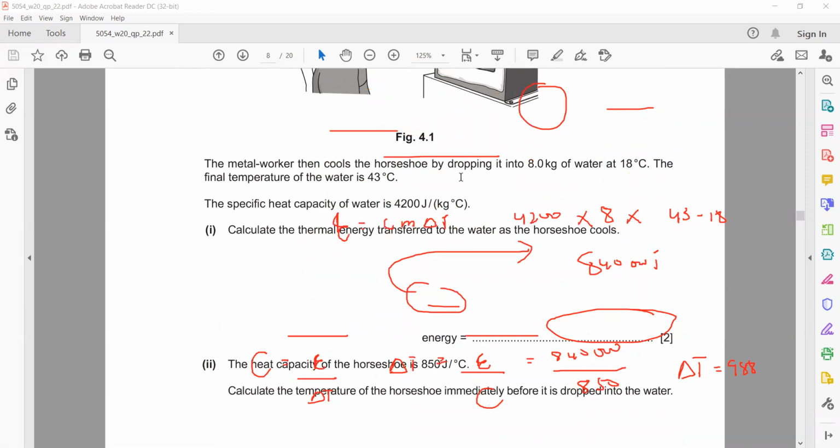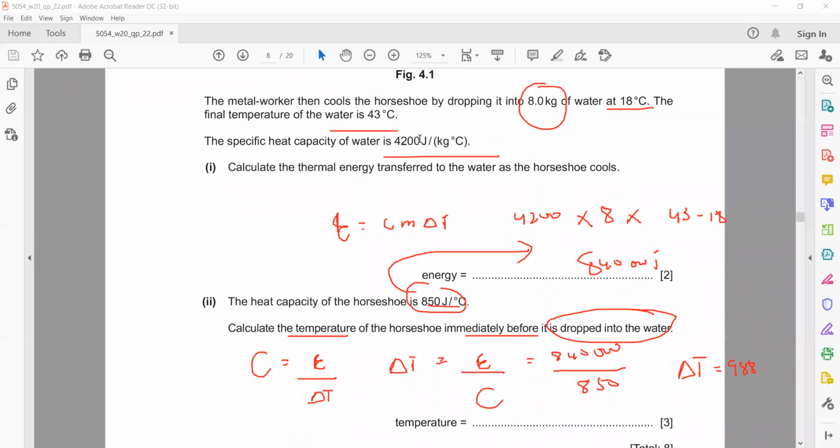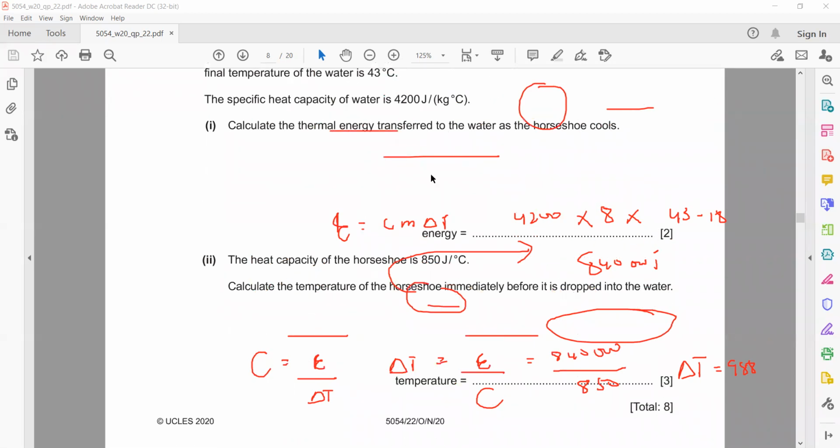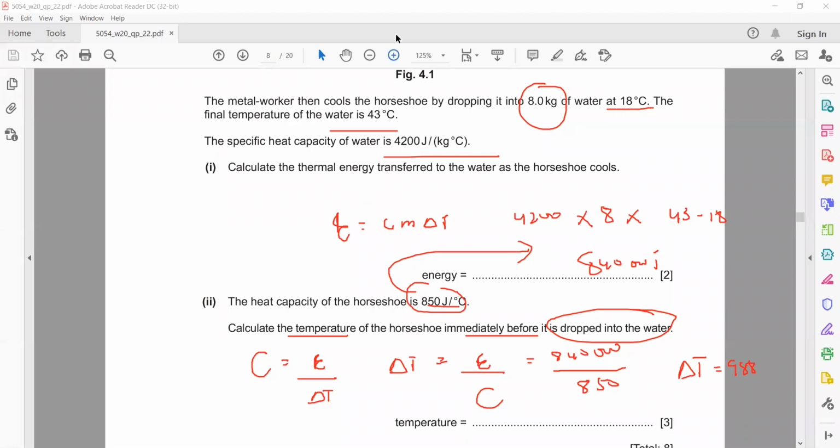When the metal worker drops the horseshoe into water, the final temperature is 43. Basically the temperature change is greater minus smaller. The initial temperature will be higher and the final temperature will be lower. That's why for the horseshoe it is T1 minus T2. The temperature change is 988.